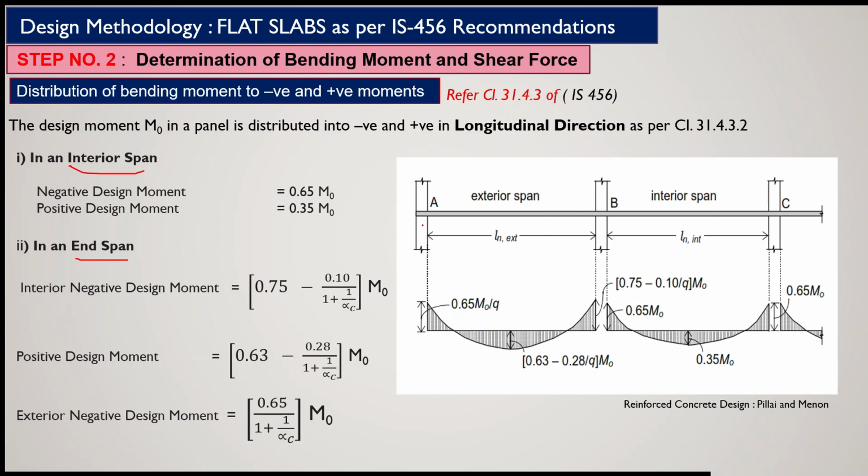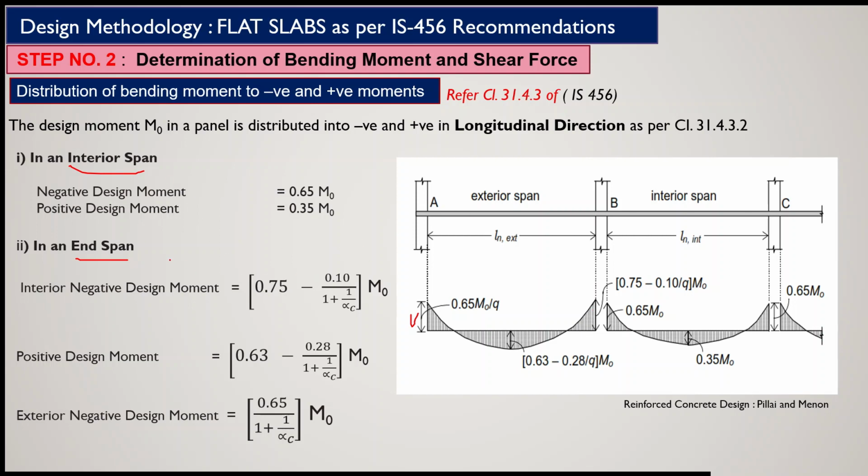If you see the bending moment distribution diagram for the exterior span, you will find at the middle there is positive bending moment and at the support ends there will be negative bending moment. This support which I am highlighting is the external support and this support is the internal support.